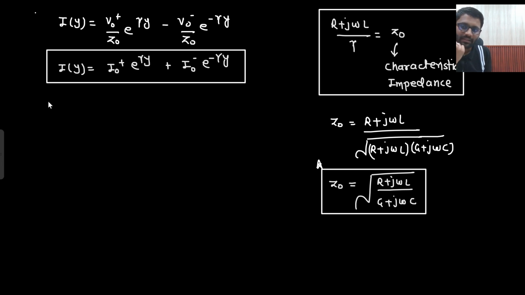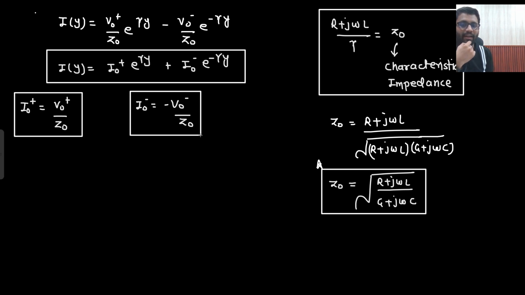This I naught plus is equal to V naught plus divided by Z naught, and this I naught minus is equal to minus V naught minus divided by Z naught. No need to remember it, but it will help us understand the Z naught value. What is Z naught? For now, can you comment what is Z naught?